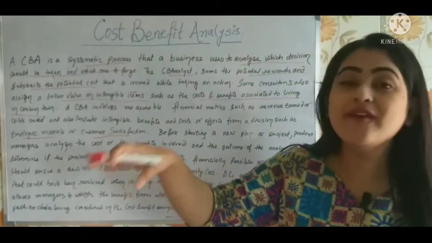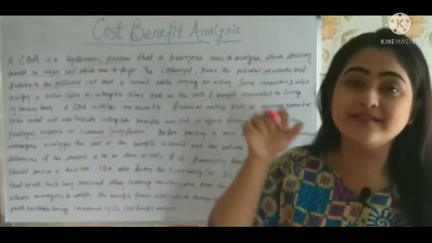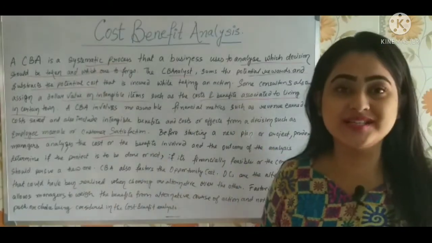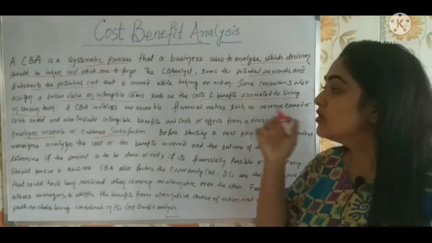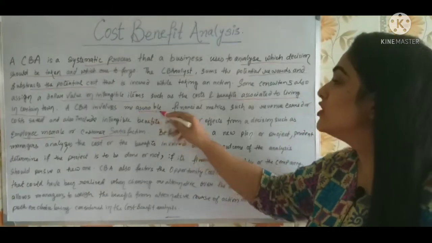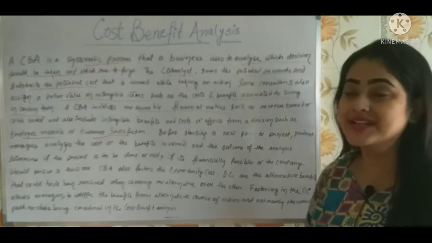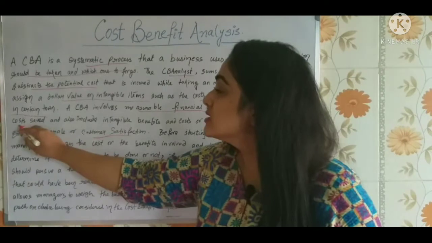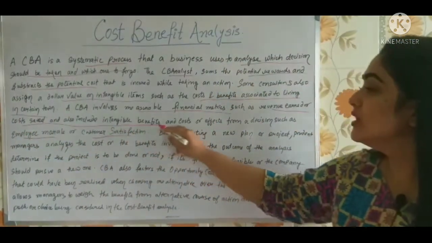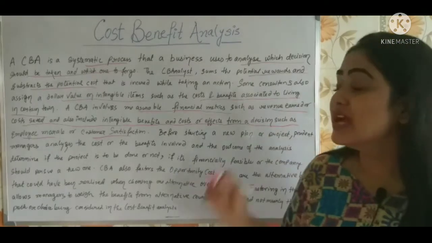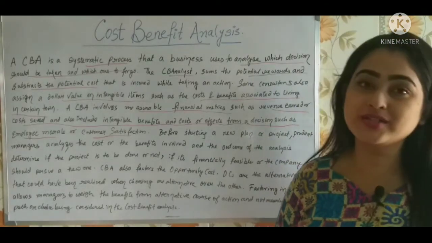You can apply a value and then analyze the thing. The cost benefit analysis also involves measurable financial metrics such as revenue earned or cost saved, and also includes intangible benefits and costs or effects from decisions such as employee morale or customer satisfaction.